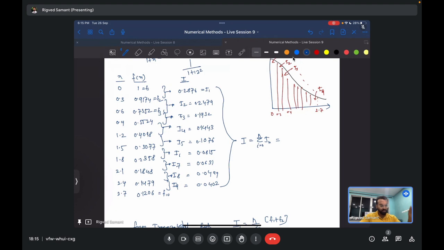What the value is 1.2155. So this is your final value 0.2155.